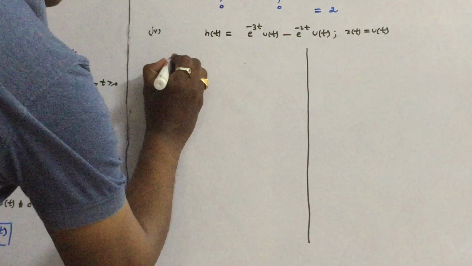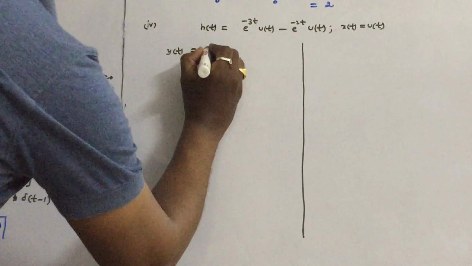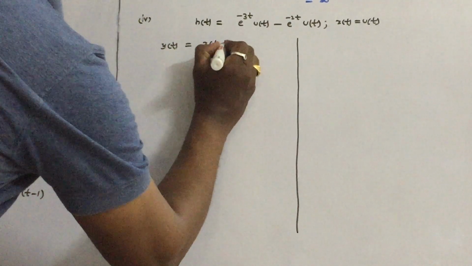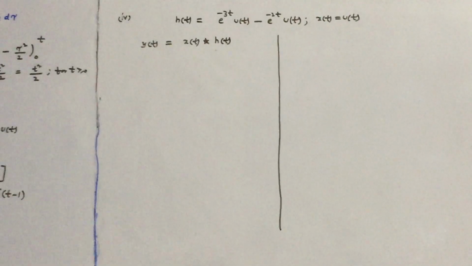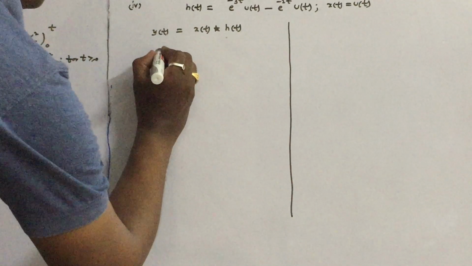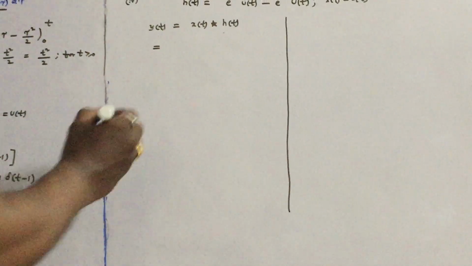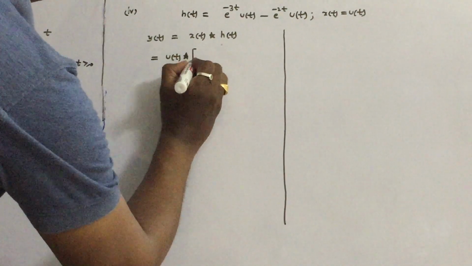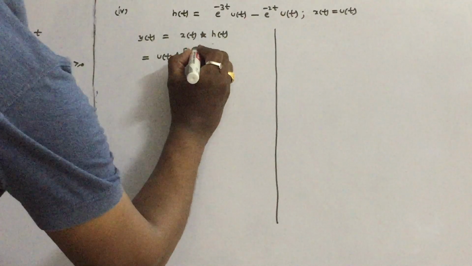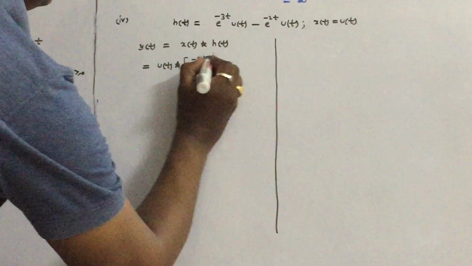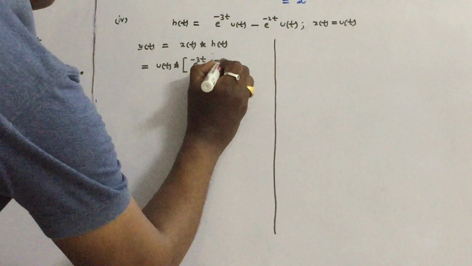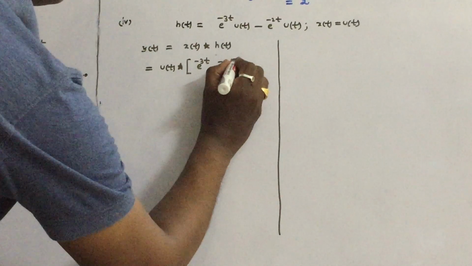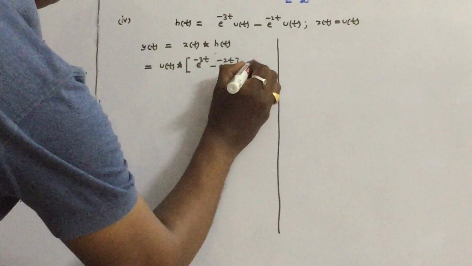The response of the system y(t) is x(t) convolution with h(t). So just to substitute, what is x(t)? u(t) convolution with what is h(t)? e to the power minus 3t minus e to the power minus 2t, into u(t).